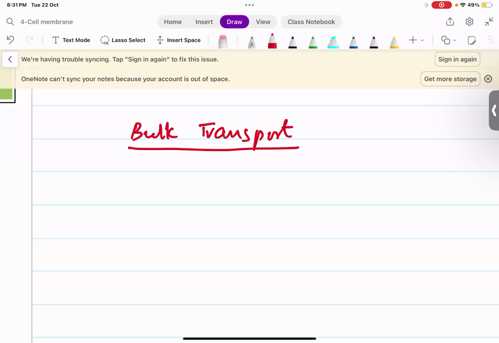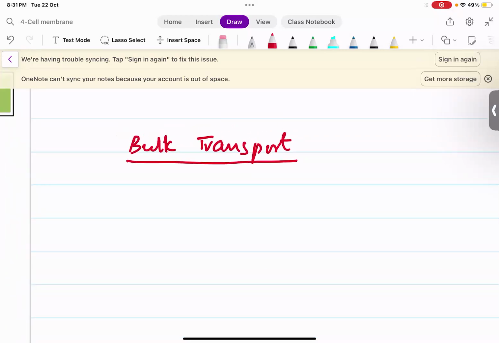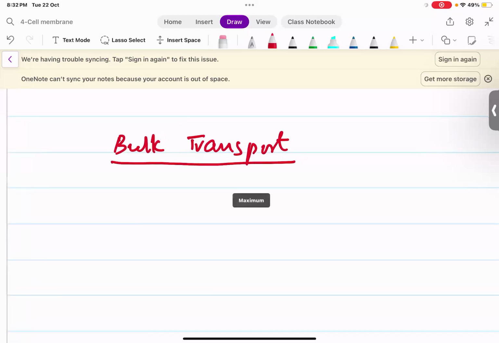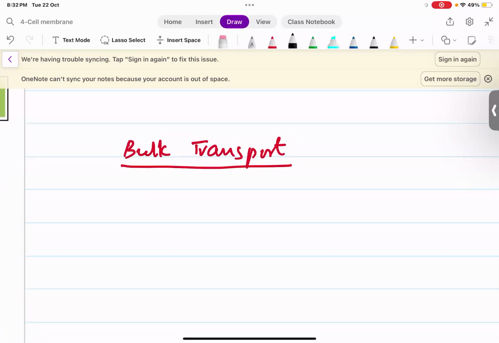Ions or molecules will move down their concentration gradient or up their concentration gradient, and the carrier proteins involved, even the channel proteins, are specific to one or more particular ions or molecules. So they would allow only specific ions to move into or out of a cell. However, in bulk transport, it is not the case. The movement of individual molecules is influenced by the medium.